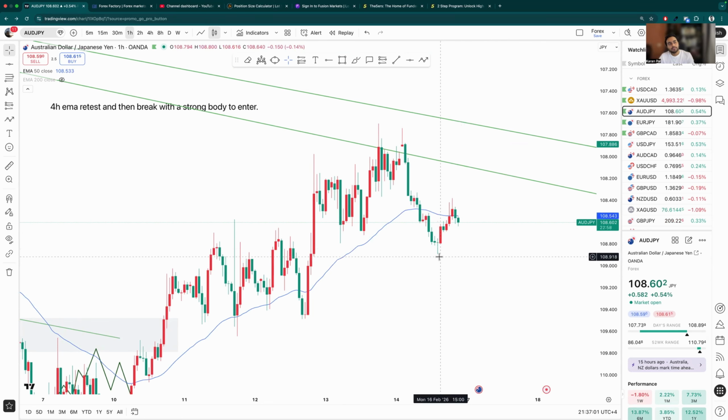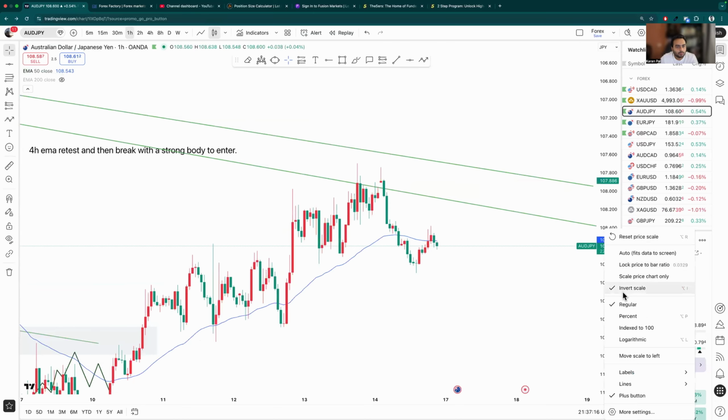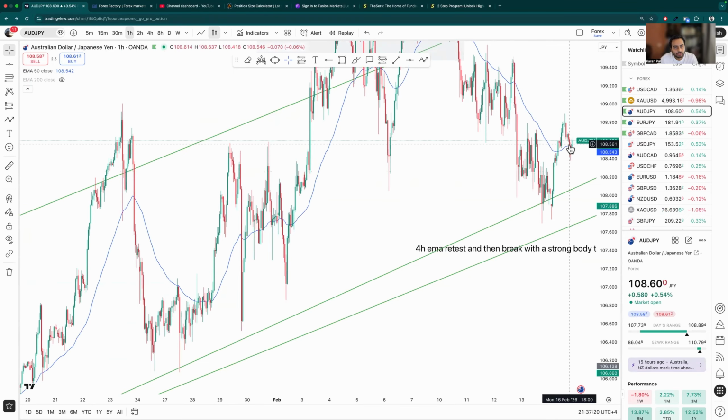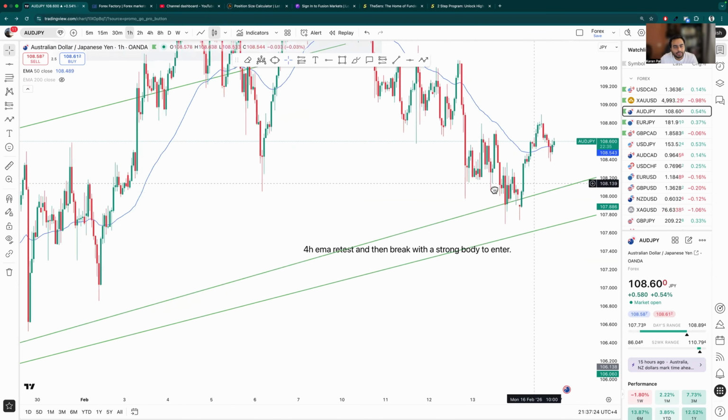Now, this is one case. At some point, let's say the 4 hour is already bullish, or maybe I just want to enter a trade which doesn't require that. What are the conditions for that? If price is already bullish on the 4 hour time frame and we want to enter the trade, it's a different story.